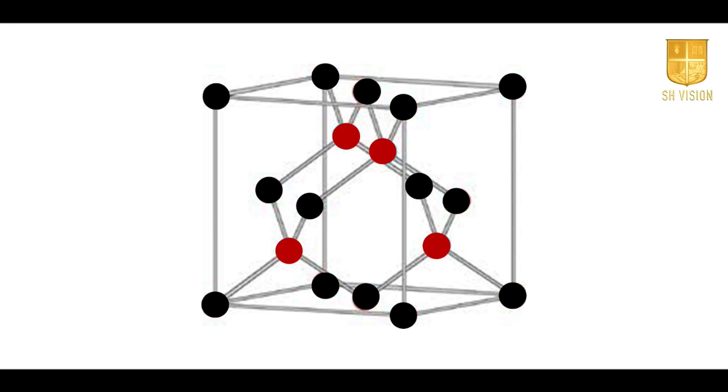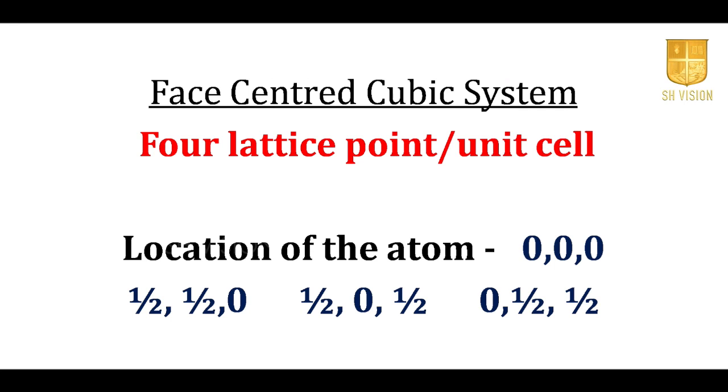If we analyze this, each one is a face-centered cubic Bravais lattice. In any face-centered cubic Bravais lattice, there are 4 atoms. We mark the lattice positions as 0, 0, 0; half, 0, half; half, half, 0; and 0, half, half.